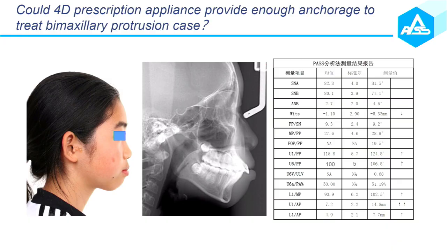Okay, Co-40 prescription appliance provides enough anchorage to treat bimaxillary protrusion case. This is a 12 years old female. Chief complaint is bimaxillary protrusion.